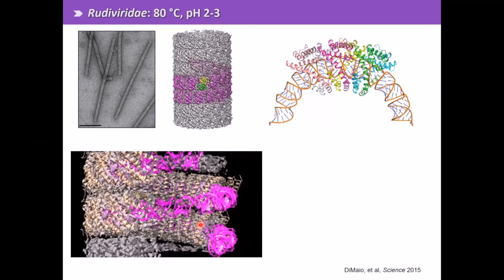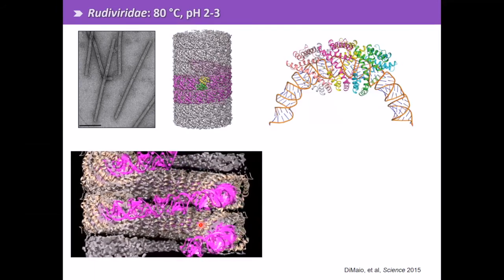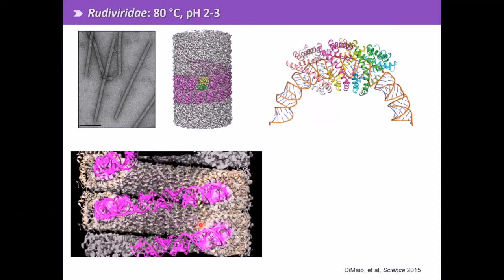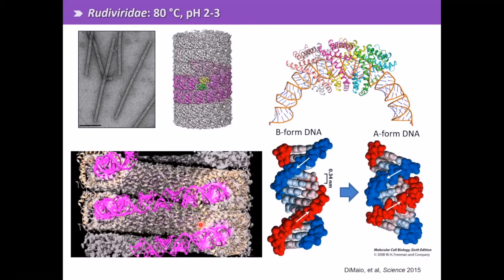But in doing so, it tightly wraps around the DNA, and this goes along the entire genome. Each base pair is complexed with a protein. And this leads to dehydration of the DNA. We were quite astonished to find out that the normal, physiologically common B-form DNA in the viral particle is actually transformed into the A-form DNA.